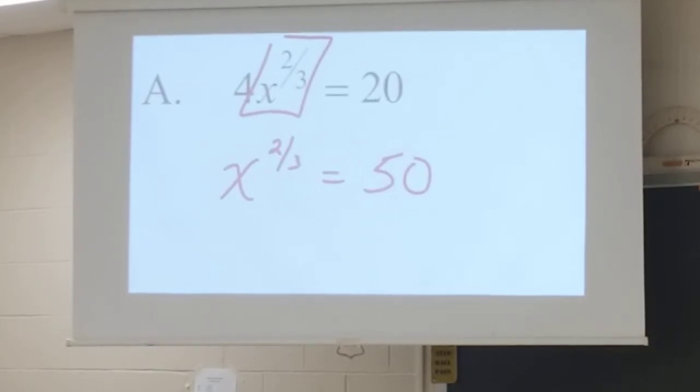You do a reciprocal to both sides. What I really mean is you do an exponent. You mean 5, not 50. Thank you. So we'll do an exponent of 3/2 to 5.